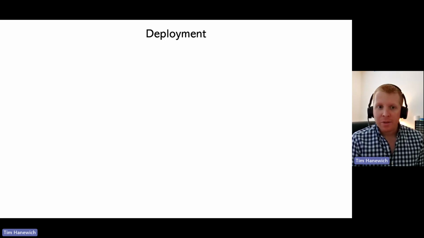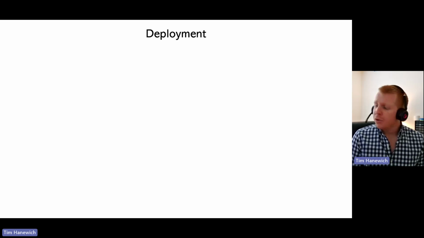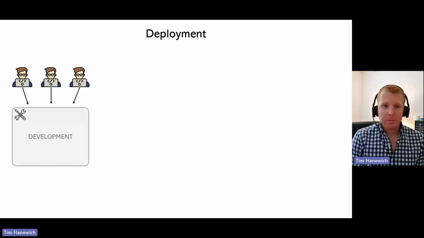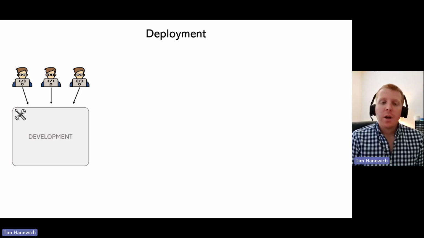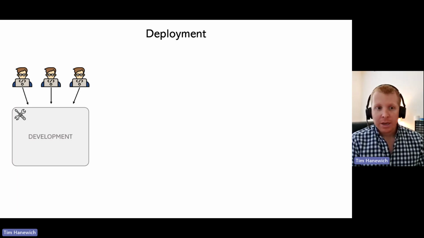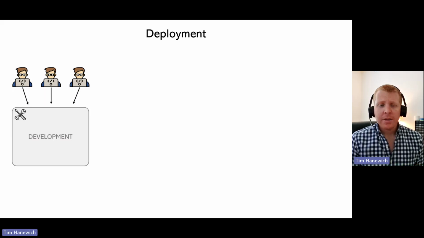So traditionally, what happens is when it comes time to develop a piece of software, usually developers, either one of them, 2, 3, 5, 20 developers, will make that application in what's known as a development environment. This is an environment that is intentionally designed to only serve one purpose.